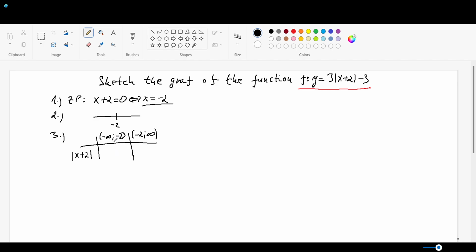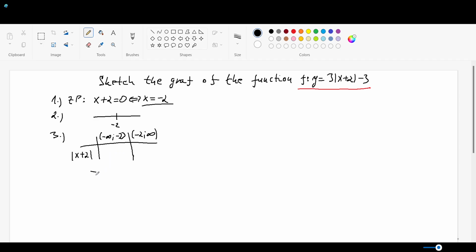What you do here is you take any number from the interval negative infinity to negative 2 and you evaluate the expression for your chosen number. The good and clever idea is to get any number, but you better not take negative 2, because if you take negative 2 you will not get the information how the absolute value is defined then.